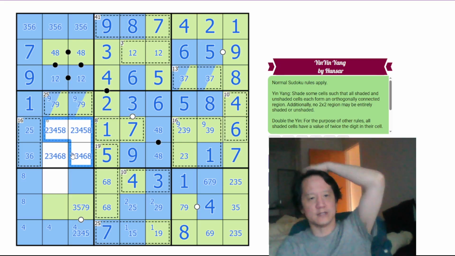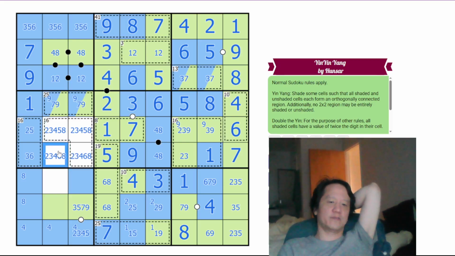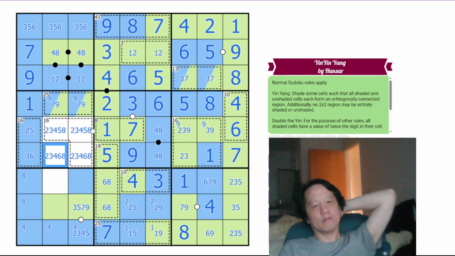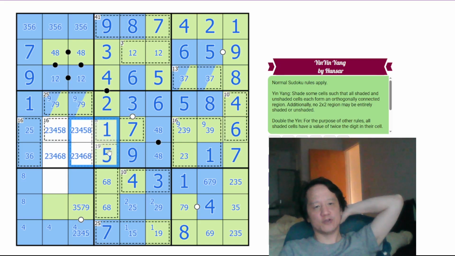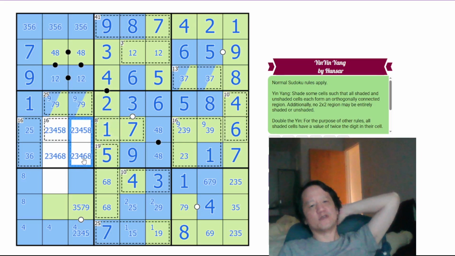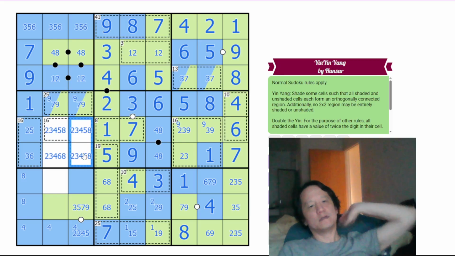If you have 3 non-doubled, this becomes doubled, right? Hmm. One of these has to be doubled because you can't have this 2x2 box be all undoubled. All green, in other words. So one of these is blue, which means it's doubled.